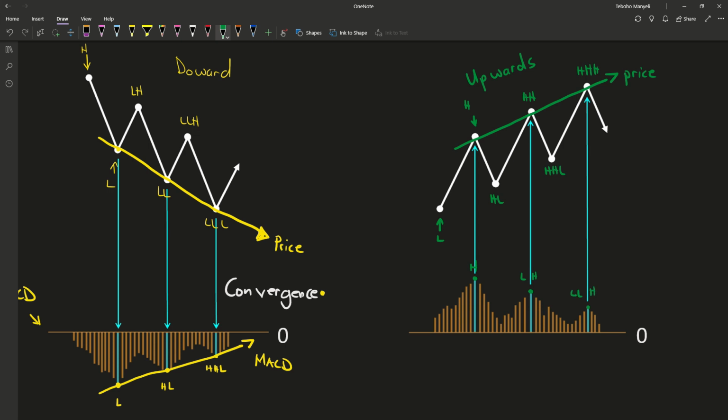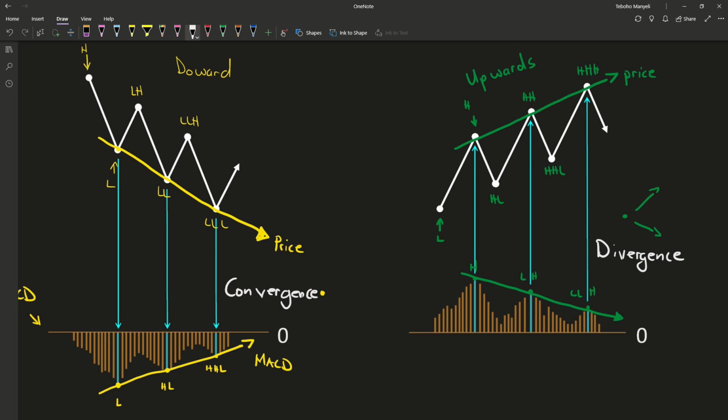So in essence here, the MACD is saying that the market is moving downwards, so it's losing momentum. And what you're seeing here is what we spoke about, the market moving away from a single point and going in different directions, and this is known as your divergence. Okay, so in this case the market is diverging. So this is how divergence looks.